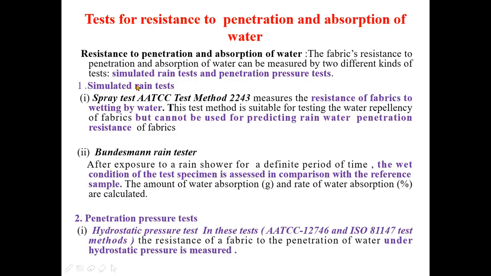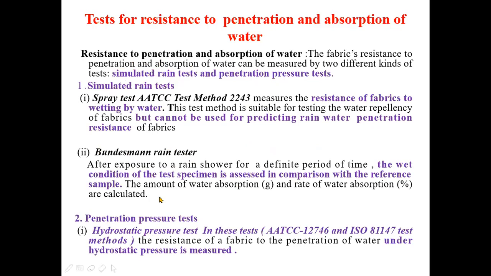Now, the major difference between the simulated rain test and the penetration pressure test is that in the case of the simulated rain test, we just predict the penetration of the rainwater.